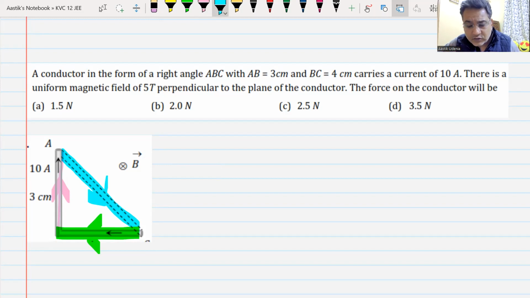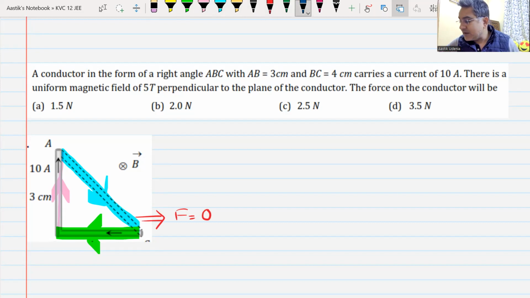And if you have a closed loop of wire in a uniform magnetic field, then the force on this entire loop is zero. That means whatever force is acting on the green and the pink wire, equal and opposite force will act on the blue wire.